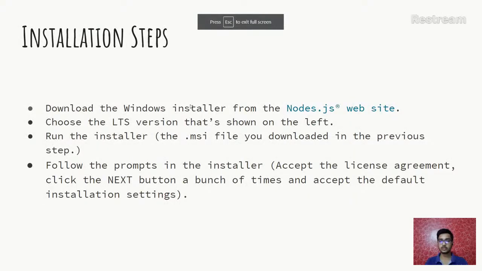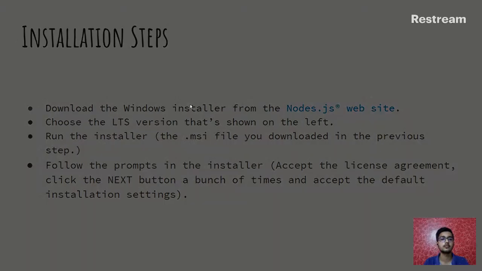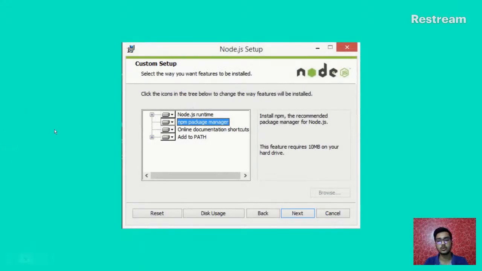Okay, then you have to run the installer, the .msi file you have just downloaded in the previous step, and then follow the prompts in the installer, accept the license, click the next button a bunch of times, and then accept the default installation settings. Okay, so once you see this type of prompt, you have to choose npm package manager instead of Node.js runtime, and then simply click the next button.